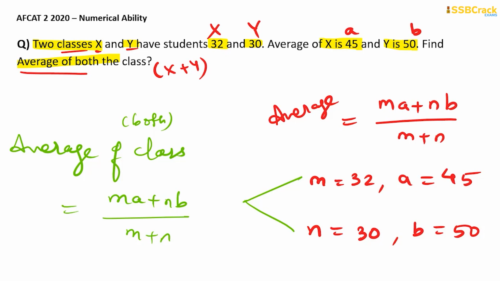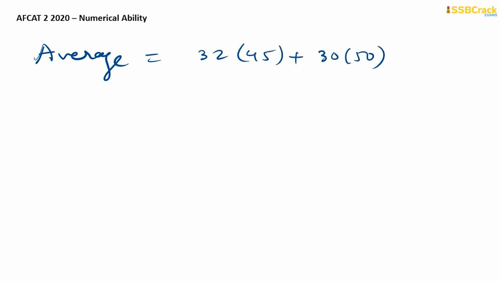So we shall substitute these values in the formula to get the average of the combined class, right? So average is equal to 32 multiplied by A, that is 45, plus 30 multiplied by B, that is 50, divided by M plus N, that is 32 plus 30.